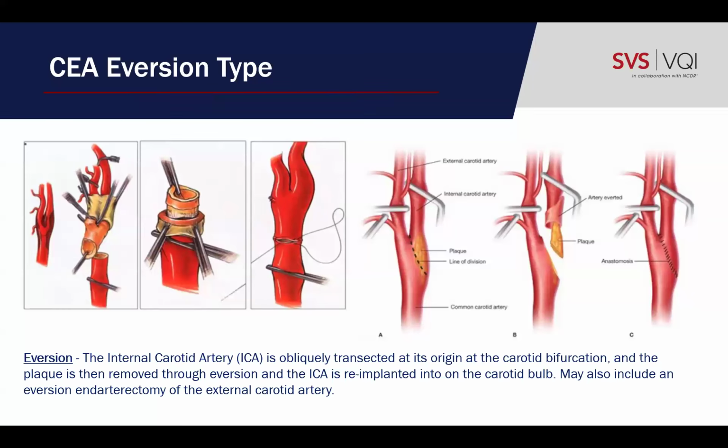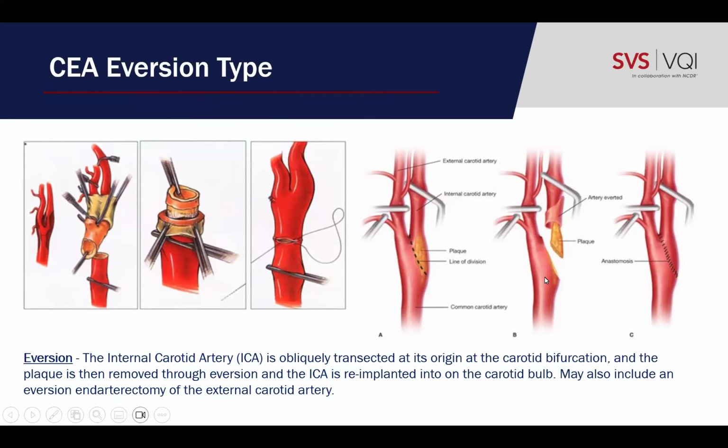When we talk about eversion carotid endarterectomy, it is typically where the carotid artery is completely transected. It is completely removed. You can see that in the very first image on the left and in the middle image.